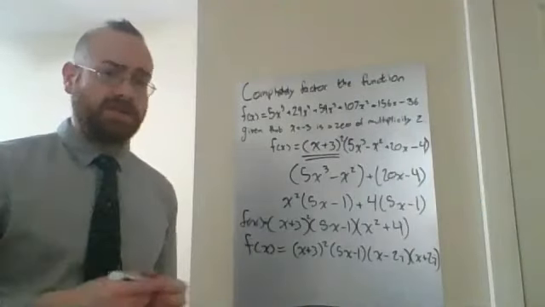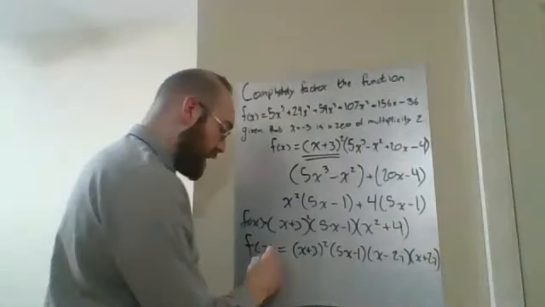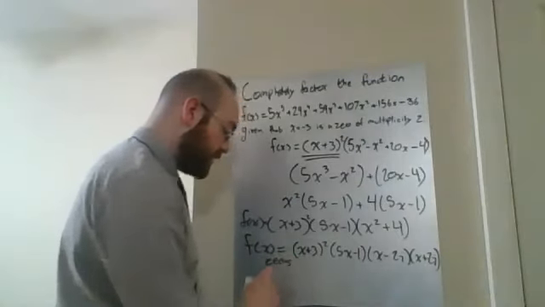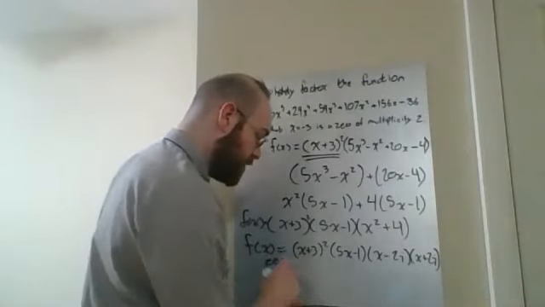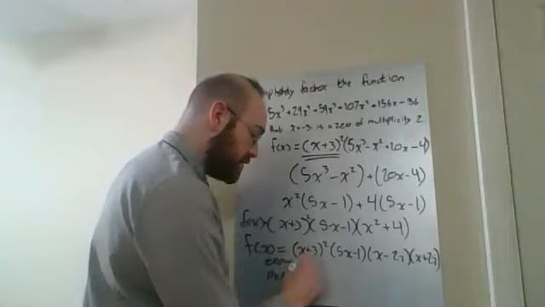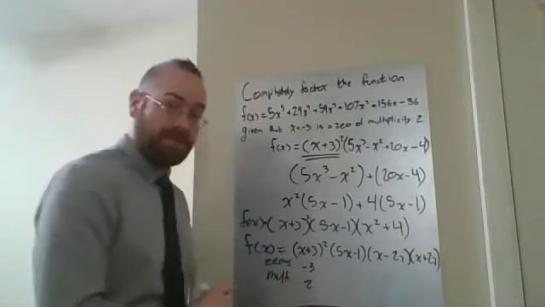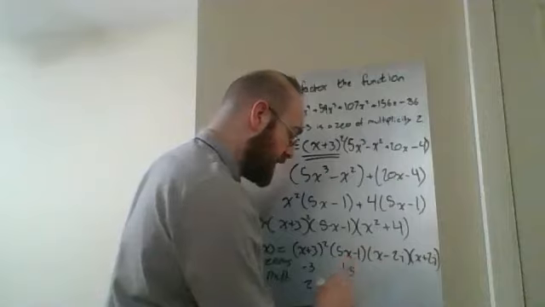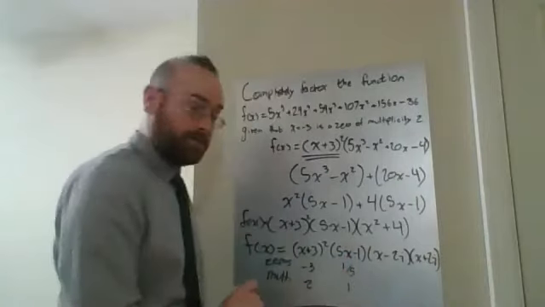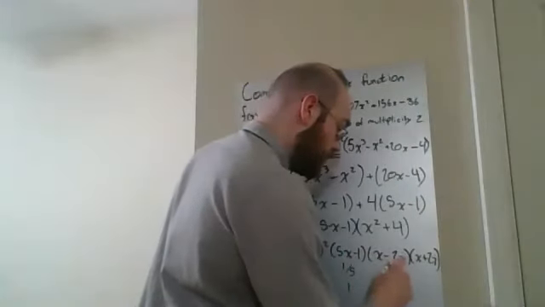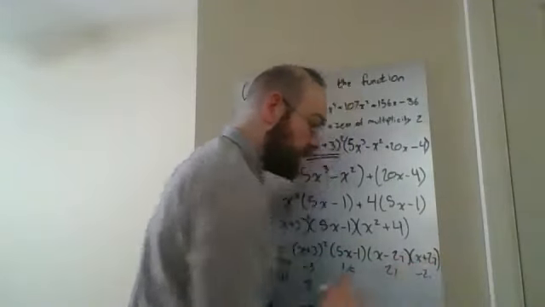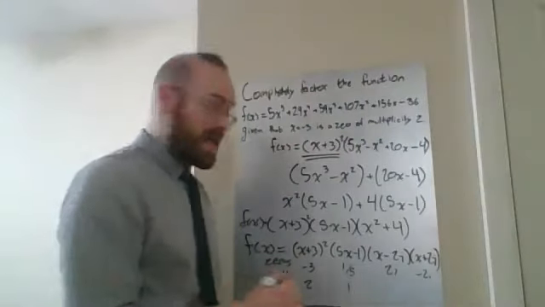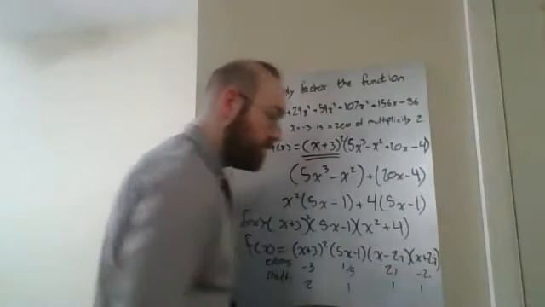Just to reiterate a few prior points, we can write our zeros of the function and their multiplicities. So we have -3 with a multiplicity of 2. This would be 1/5 with a multiplicity of 1. And then positive 2i and negative 2i are complex conjugates, and they also have multiplicities of 1.